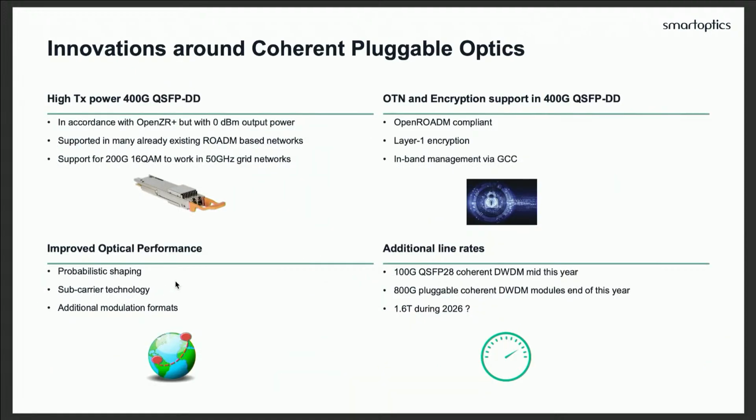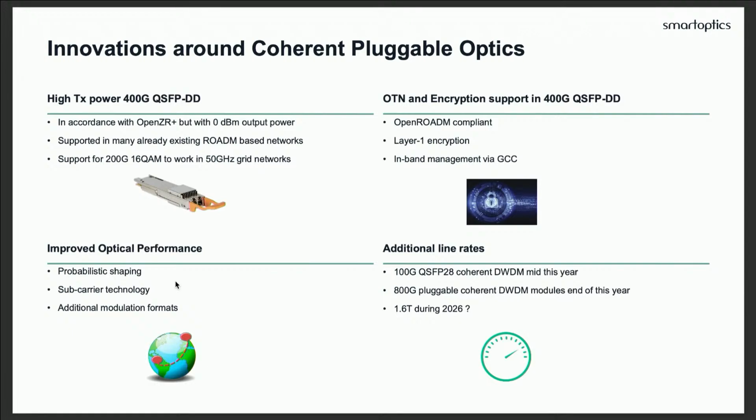Recently, we got the high power 400 gig ZR Plus to market, which comes out with 0 dBm output power. So that's way better to be supported in existing DWDM backbones, ROADM-based networks that were designed to take CFP, CFP2 signals, or 10 gig signals that came out at around 0 dBm power level. So that's pretty good.